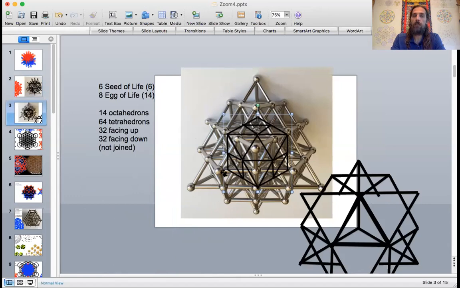Now, this shape right here is the isotropic vector matrix and the vector equilibrium, the 64 tetrahedron grid. So there are 64 little tetrahedrons. Here's one at the top, all the way throughout the whole structure of this shape.